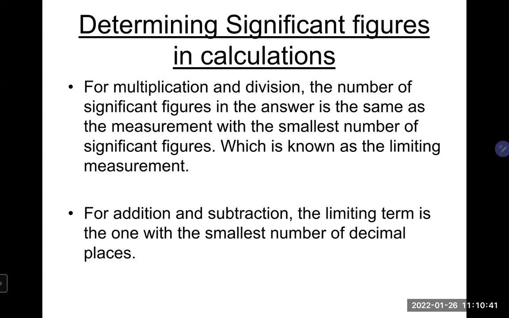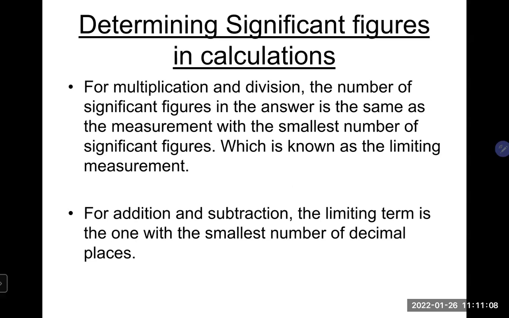When we multiply or divide, the answer should have the same significant figures as whatever number had the least number of significant figures. Whichever one is the smallest basically means that's your worst measurement, and that is how many significant figures your answer should have.